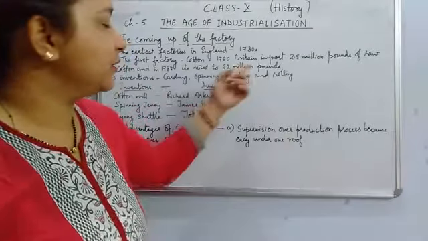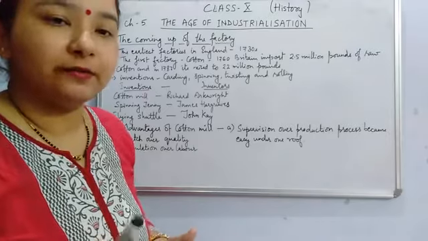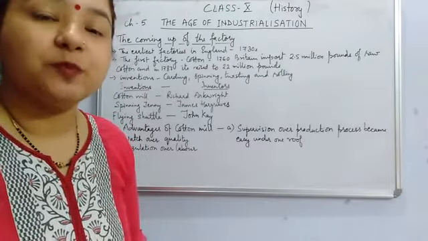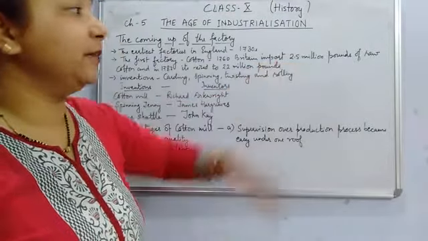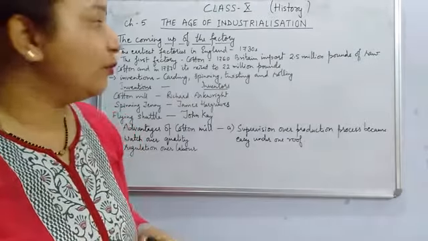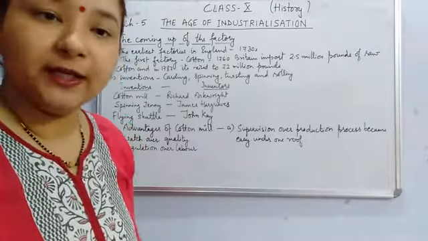Now this was a transition phase. This was the phase when the factories were being established in Britain, especially in textiles, where there was such great demand for raw material. Now, what were the reasons behind the textile industry, and why not any other industry?